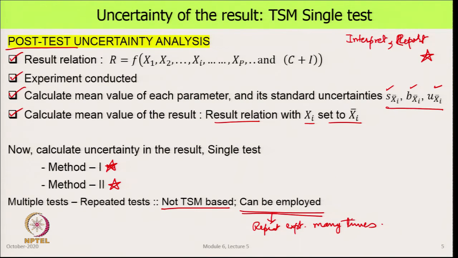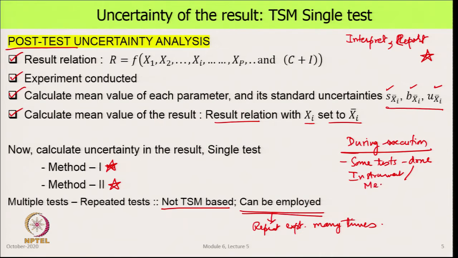And we saw one other modification of this, that if during execution some testing has been done and now we change some instrument or the measurement technique, and then we continue to do more tests, then also the impact of this change on our result uncertainty can be calculated this way.